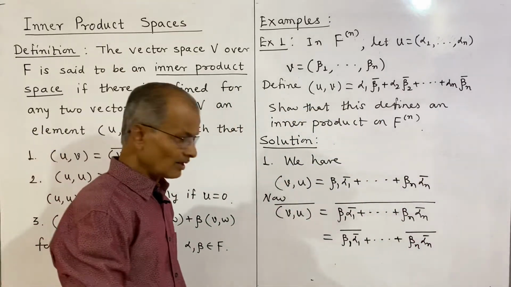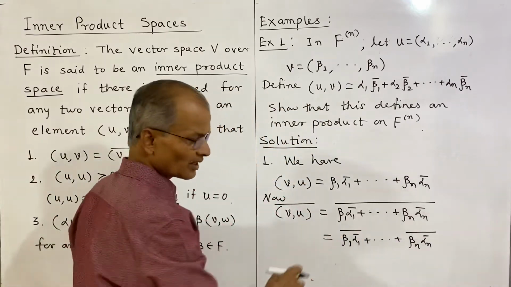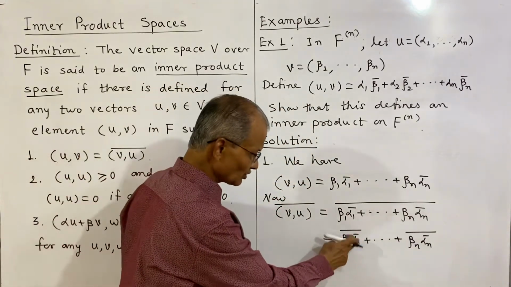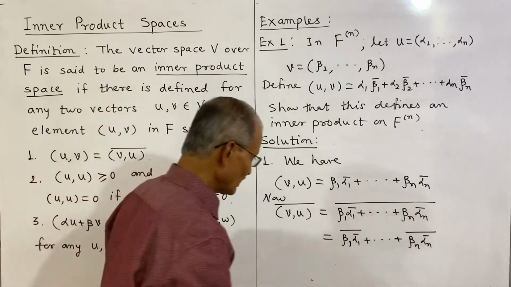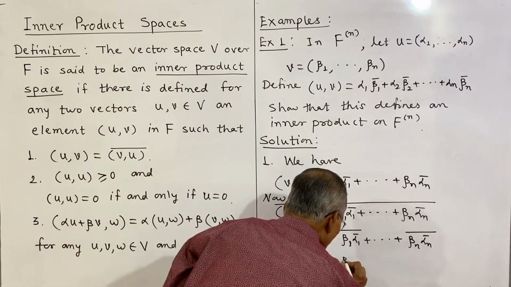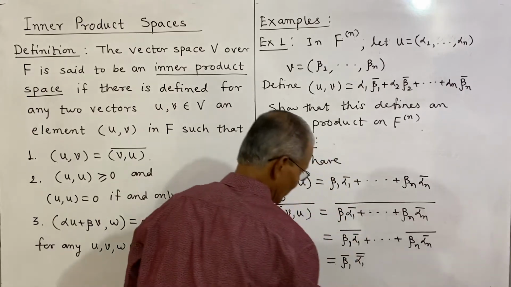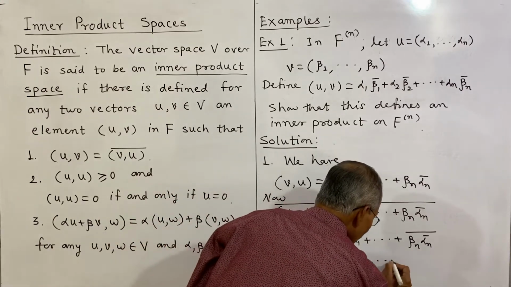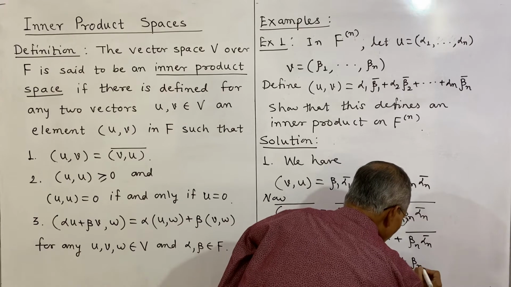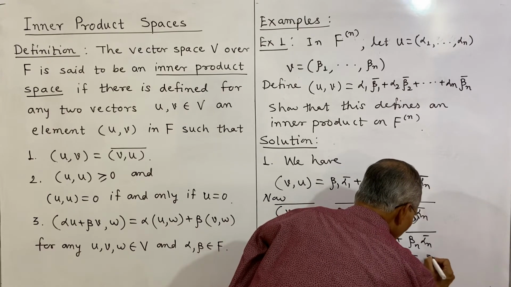And now we know that the conjugate of Z1 Z2 is conjugate of Z1 into conjugate of Z2, and that is equal to conjugate of beta 1 times double conjugate of alpha 1, plus so on, conjugate of beta n times double conjugate of alpha n.